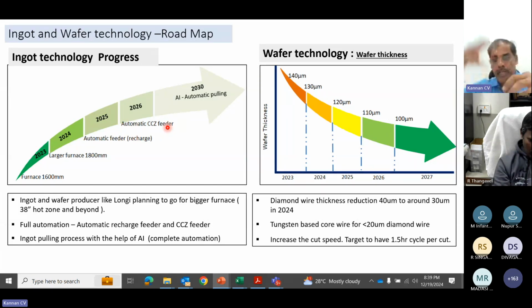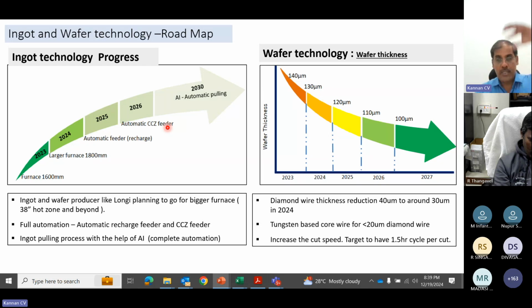You feed the polysilicon into the crucible, so the melt level is always maintained. There is no level going down, then refilling, bringing it up, then going down again. That's the recharging mechanism. Now there's a new mechanism called continuous CZ.